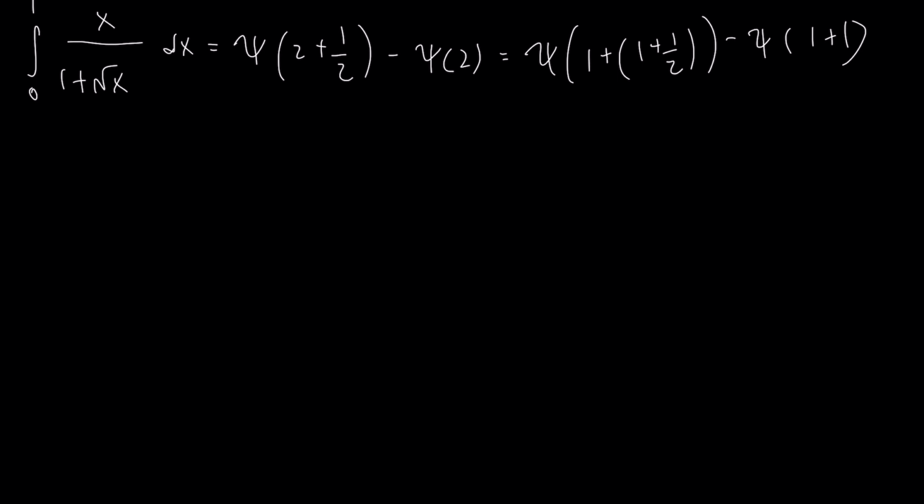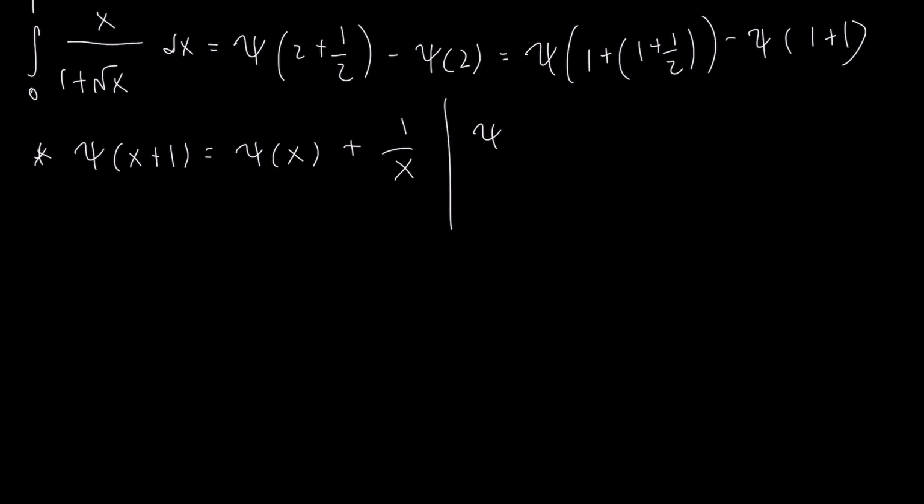To find the values of these digamma, we will use the following recurrence relation, and that is that digamma of x plus 1 is digamma of x plus 1 over x.